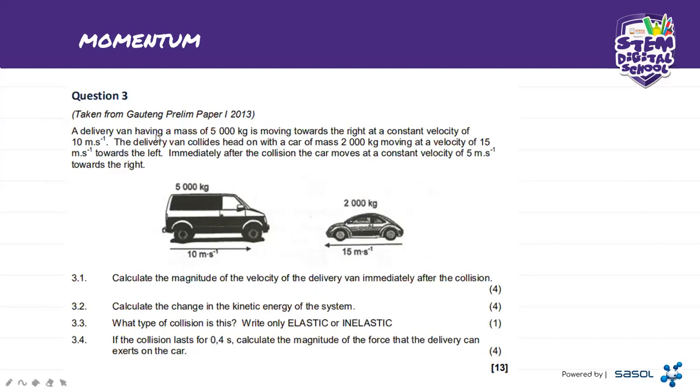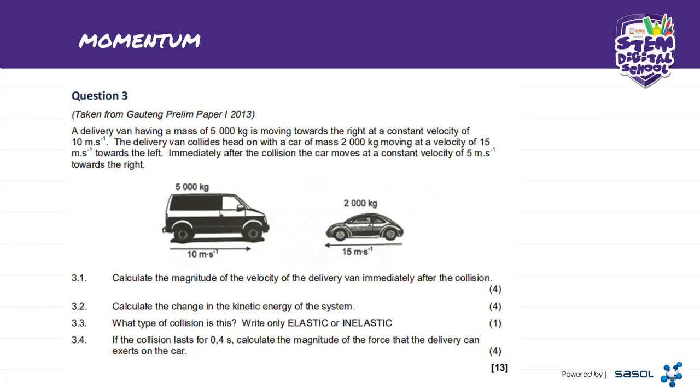So it says here on question 3, this is taken from the 2013 prelim paper. This was the Gauteng prelim paper. It says a delivery van is moving towards the right at a constant velocity of 10 meters per second.